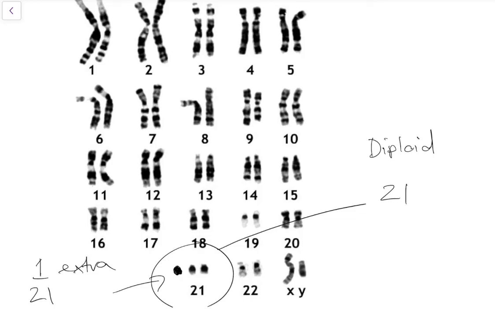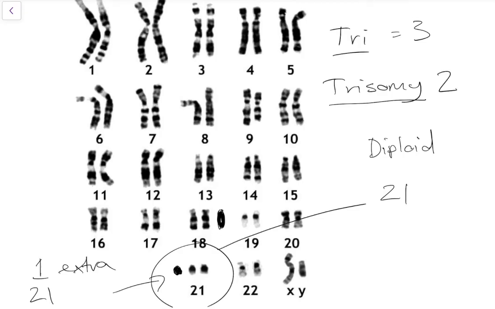Down syndrome is called a trisomy because they've got 3 chromosomes. And there are different trisomies that can happen. You can have 3 of chromosome number 18, for instance, which is a different disease. But trisomy means 3 copies.